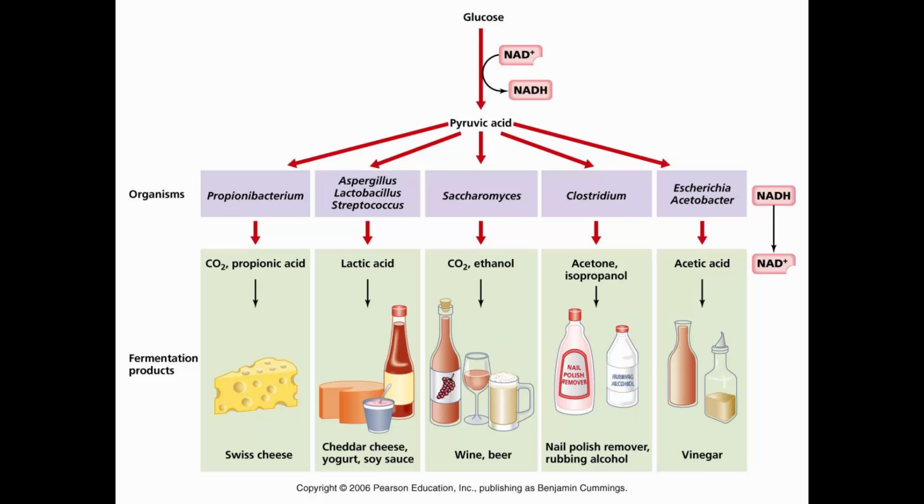So again, you see at the top, starting with glucose, these go through anaerobic respiration, they go through glycolysis to produce pyruvic acid or pyruvate, which then, depending on the organism, can be further changed into acetic acid, for example, to make vinegar, acetone, making nail polish, alcohol and CO2 in beer and wine, lactic acid, making some cheeses and yogurt, propionic acid and CO2 to make Swiss cheese.